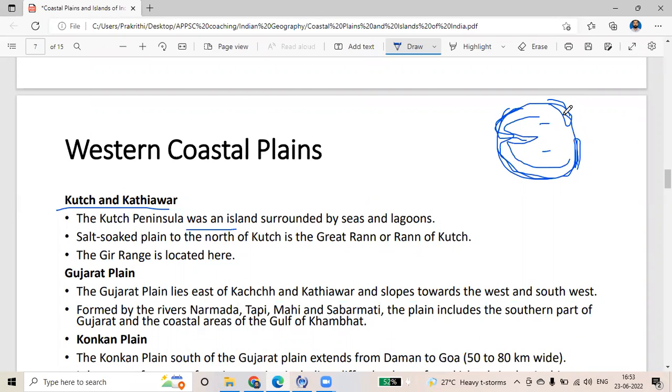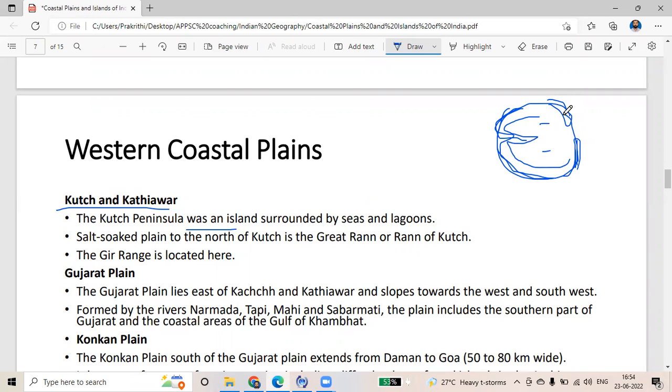The Greater Rann of Kutch exists at this place. And another most important feature is the Gir forest range, the only place in India where you can see lion. So lion is in this area. This Gir forest range is in this Kutch and Kathiawar plain region.